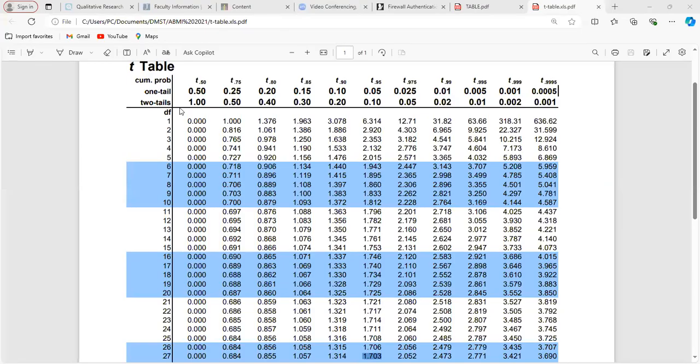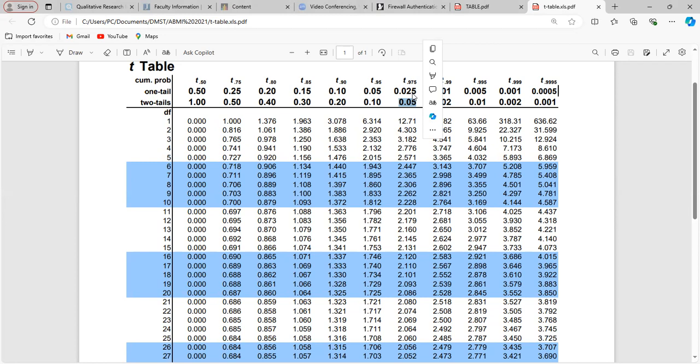Now we use the two tails. Remember, what you are looking for is T 0.025, 27 degrees of freedom. That's not what you're looking for here. What you're looking for here, which is equivalent, is two tails, 0.05. It implies you're actually looking for 0.025.